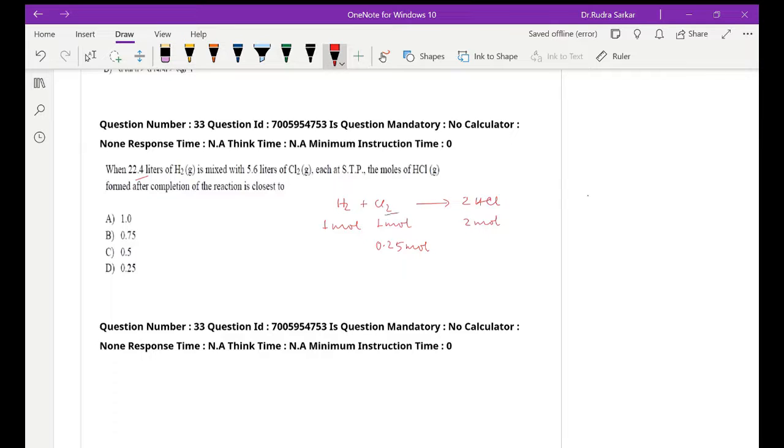So out here Cl2 is the limiting reagent, which will only consume 0.25 mole of H2, and 0.75 mole remains unreacted. Going by the reaction stoichiometry, the amount of HCl formed is going to be 0.5 mole of HCl. So the correct answer over here is C.